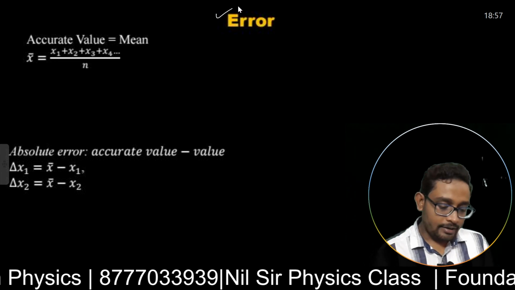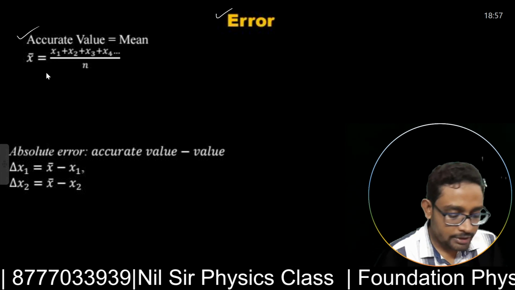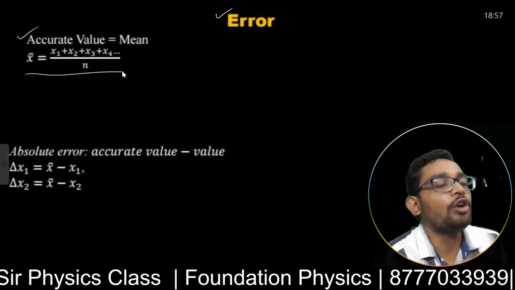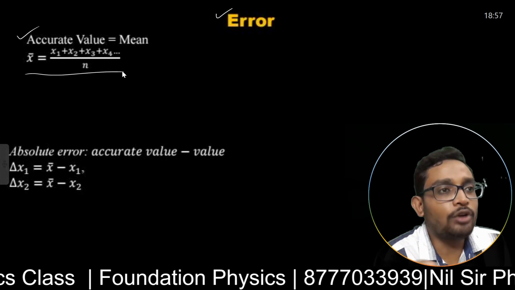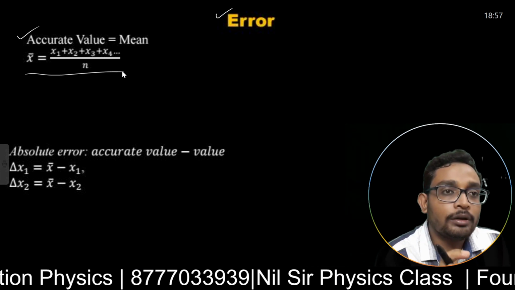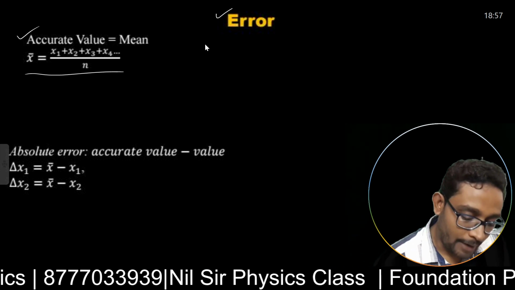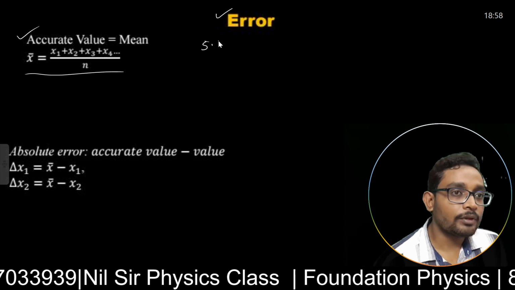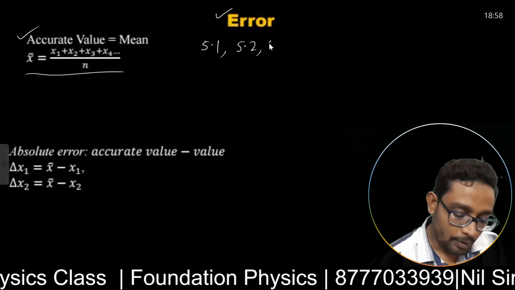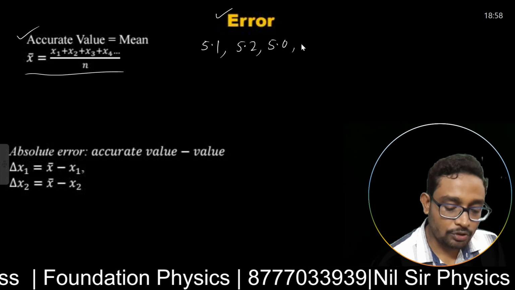So what is the error? The actual value is equal to the mean value, that I already mentioned. The actual value of your measurement will be the mean value of your measurement. So for your first measurement, you got the value x1, for example 5.1. From the second measurement, you got the value 5.2. From the third measurement, you got 5.0.